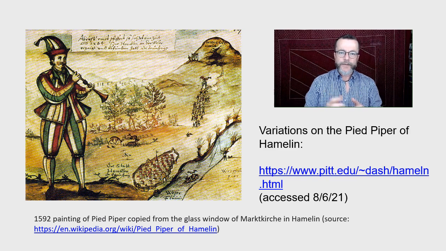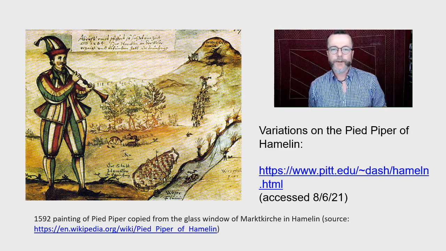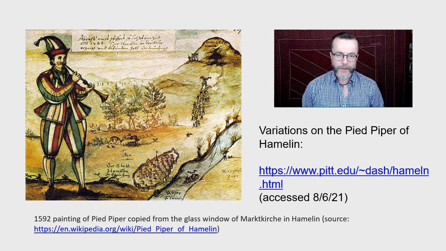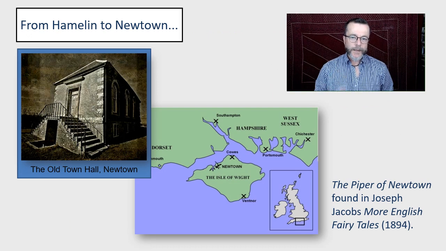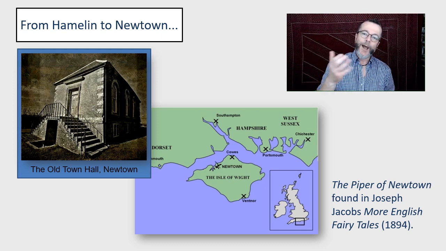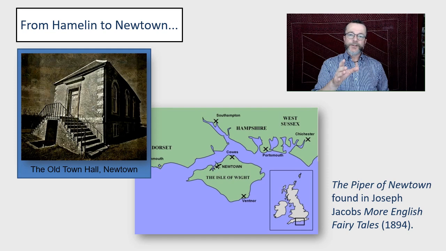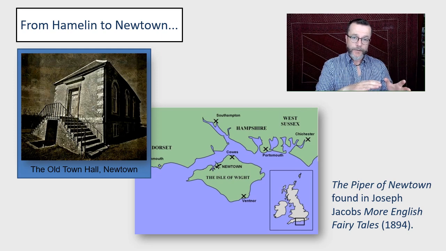Now, if any of you have been to the Isle of Wight, which is where the Piper of Newtown is set, you will know that there are no mountains on the Isle of Wight. And Newtown itself used to be on the sea. The land has changed now, but it had a harbour. So the story was specific about the harbour rather than the river. Hamelin has a river.